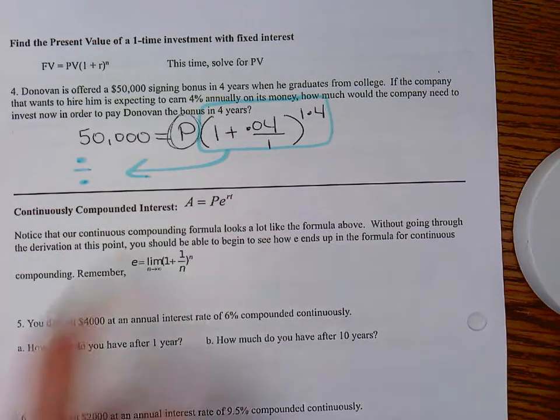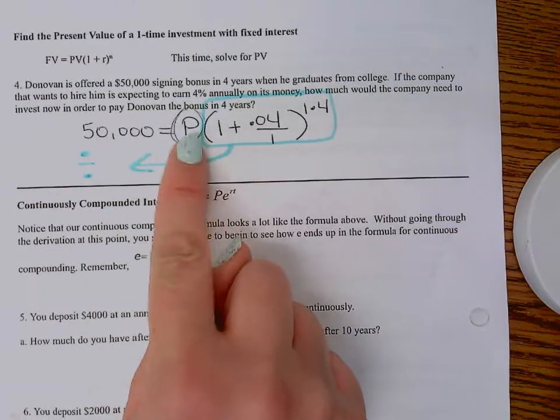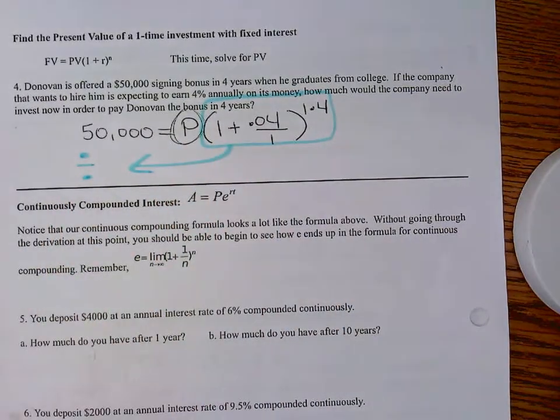Yeah, this is being multiplied right here. So the opposite of multiplication is division. So you're going to take your interest, the parenthesis 1 plus the 0.04 raised to the 4th power. You're taking basically your interest and dividing it to the other side of the equation.